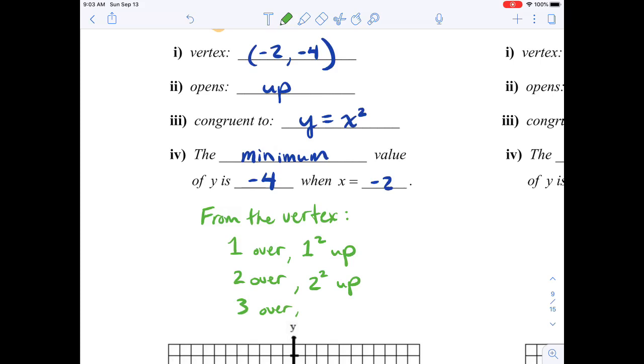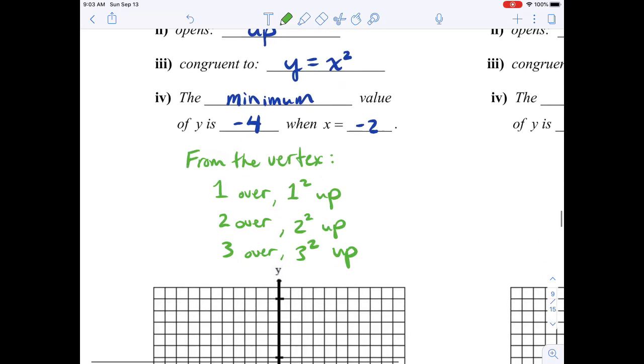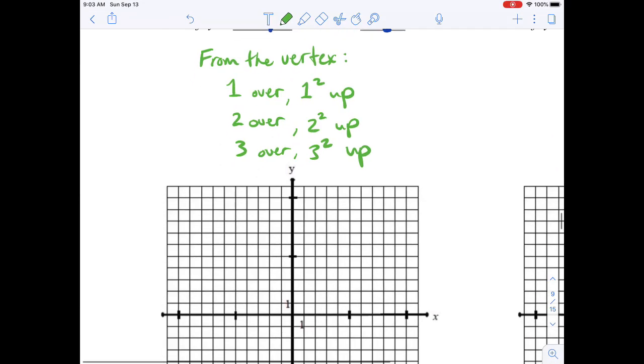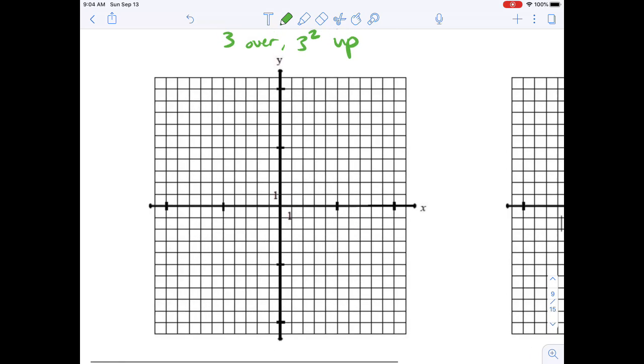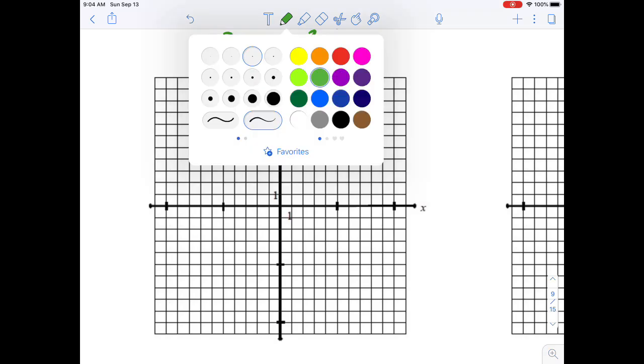Then for our next point, we can go 3 over, and you guessed it, it'll be 3 squared, which is 9 units up. And again, we just start from the vertex point, -2 and -4. So this first one I actually am going to walk you through fully. The other ones I'm just going to get you started and let you try to do those independently and check them after. But for this one, let's just go through it together.